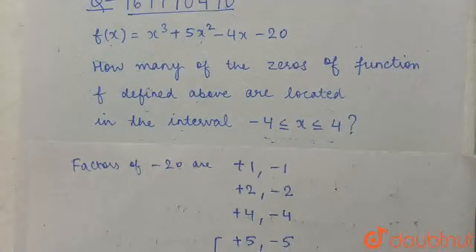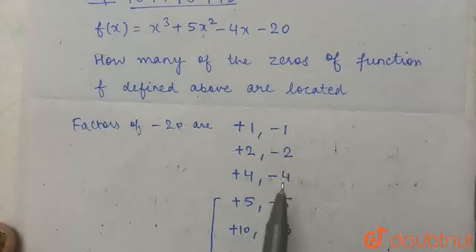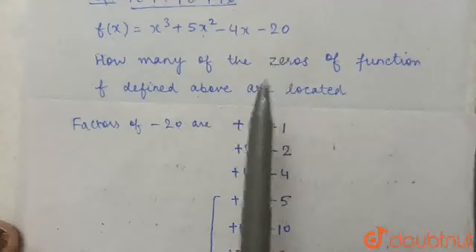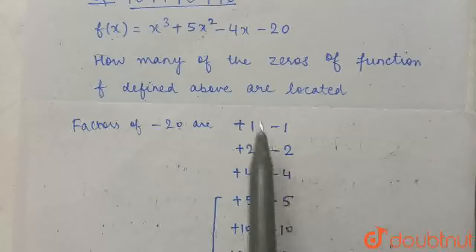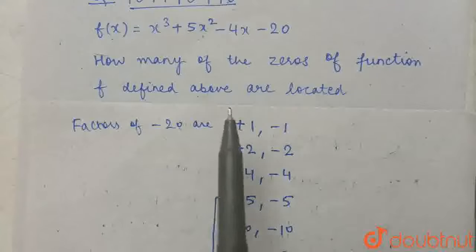So now we'll put one by one the values of x as plus 1, minus 1 and so on up to plus and minus 4. And whenever we get the value of function as 0, then that value of x is the zero of the function given or the root of the function or the solution of the function.